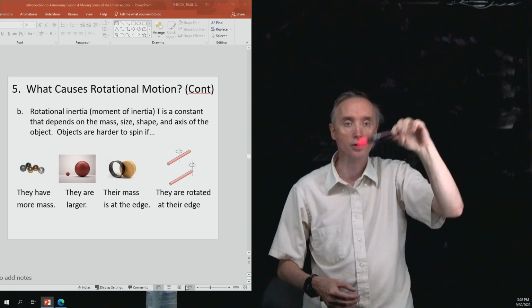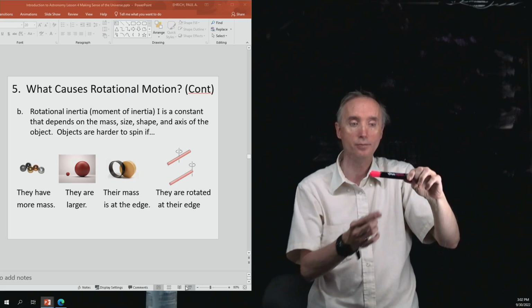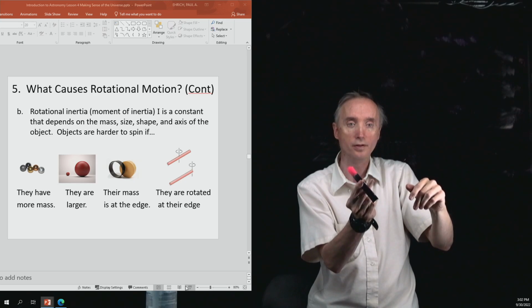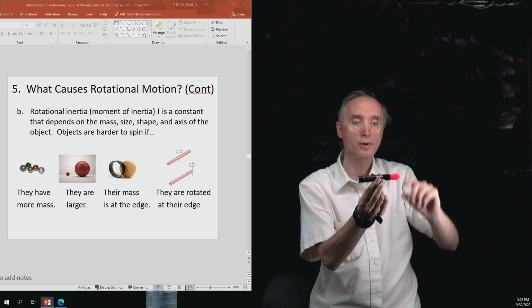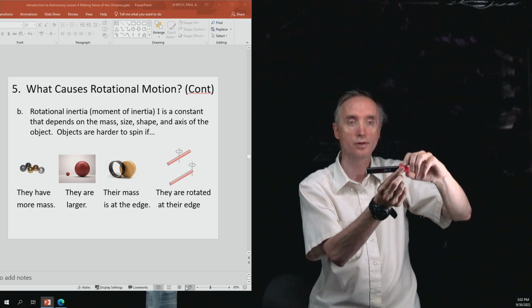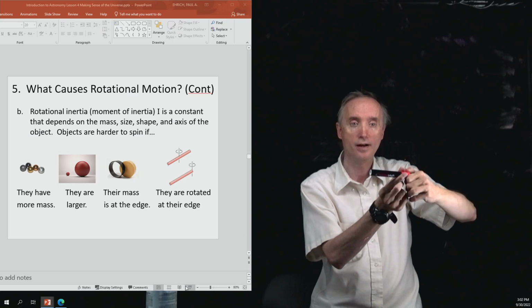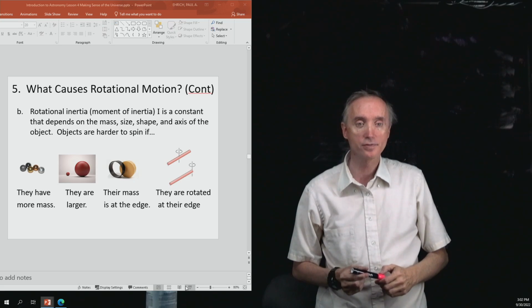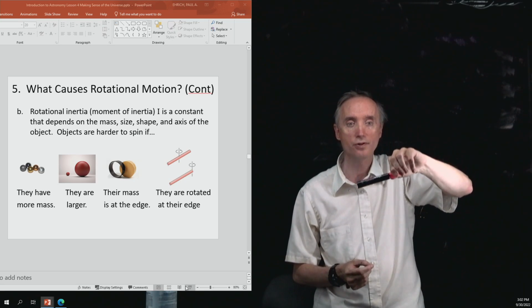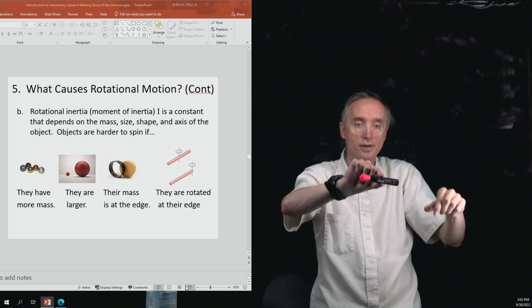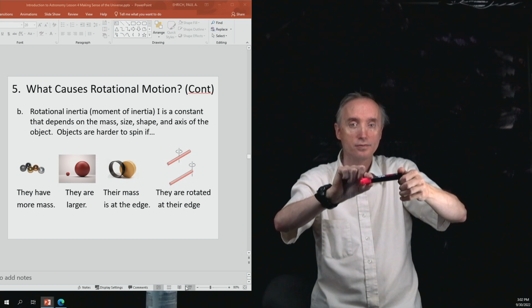Then I want you to take the pipe and do this with it. And then I want you to take the pipe and do this with it. You see I'm turning it? And what you're going to find out is there's a difference between trying to turn something like this, trying to turn something like this, and then trying to turn something like this.